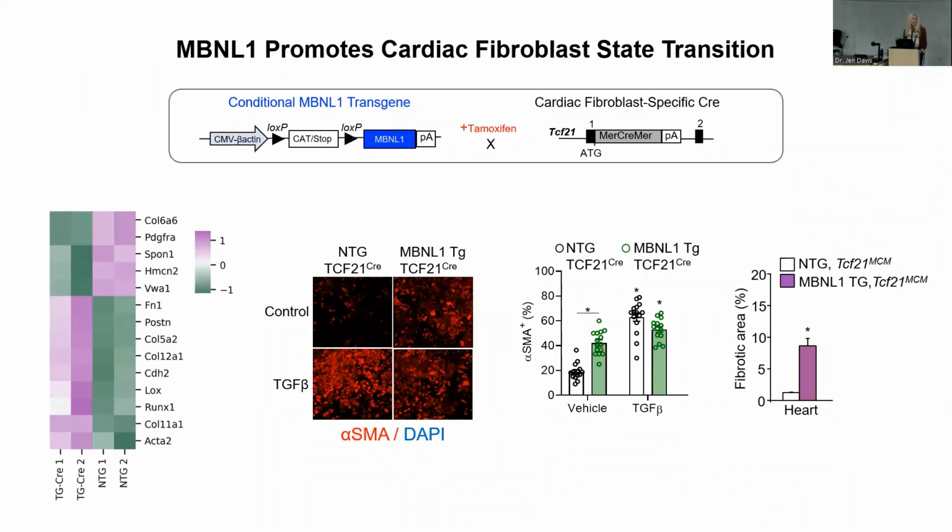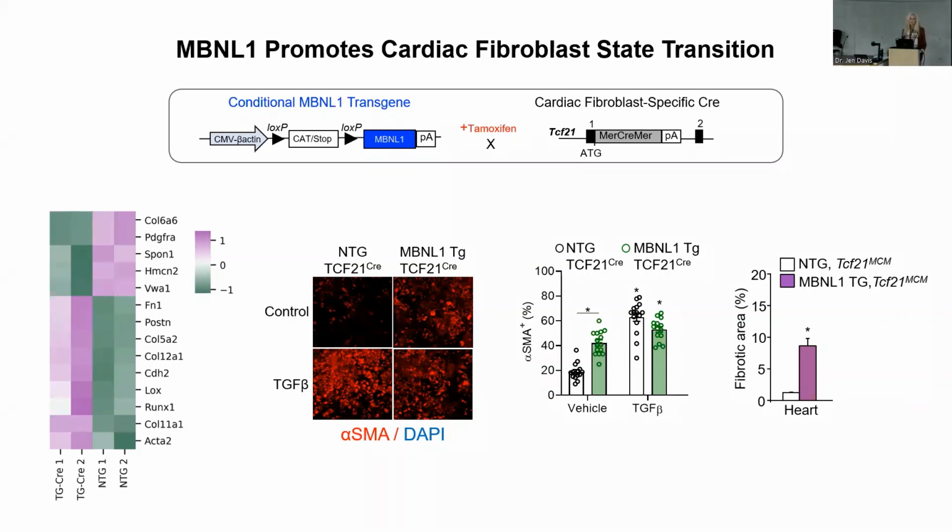And we wanted to ask the question, well, is muscleblind expression alone sufficient to make a myofibroblast and sufficient to create fibrosis in an otherwise healthy heart? And so to create that model, we developed a conditional muscleblind transgene. This is a Cre-inducible transgene. And then we crossed it with a quiescent cardiac fibroblast specific Cre that's driven by knocking a Cre cassette into the TCF21 locus.